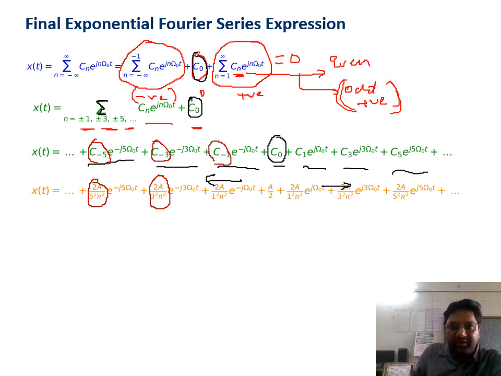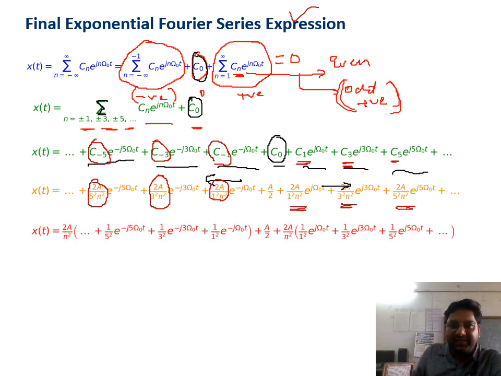It goes on for all the different values. Similarly on this side we have positive C1, C3, C5, and so on, and the series continues. Finally we can take 2a by pi square common and write the series in this form.